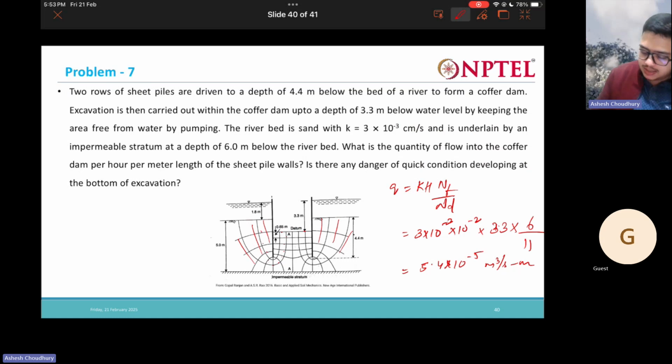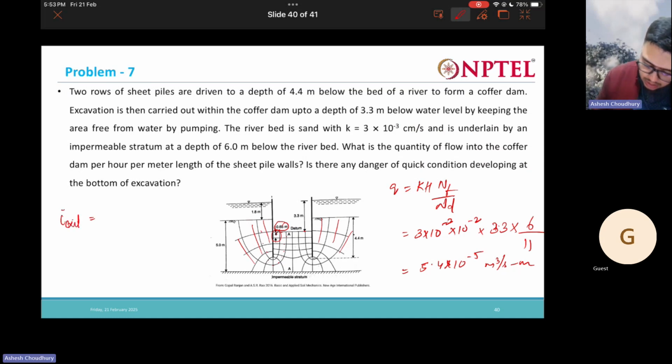Now next is, is there any danger of quicksand condition developing at the bottom of the excavation? I get this part. But for this flow channel, the last length, the exit length, is 0.65. Now I will find out the exit gradient again.